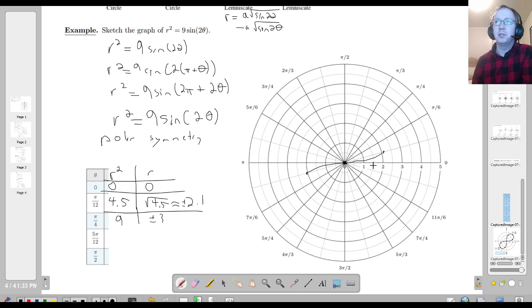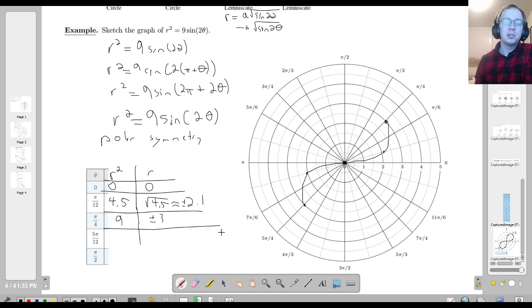When I go out to an angle of pi over 4, that's about there, I'm going to be going out a full distance of 3, so 1, 2, 3, or a full distance of 1, 2, negative 3. It'll look something like this, right? I'm going out in two different directions at once because one of them is positive, one of them is negative.